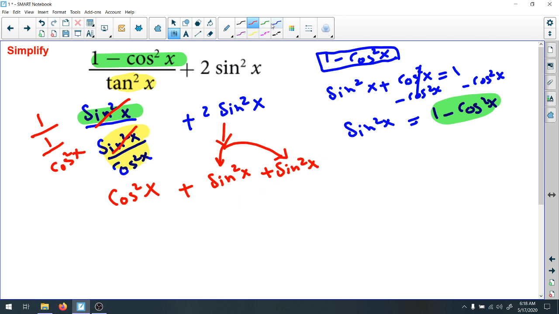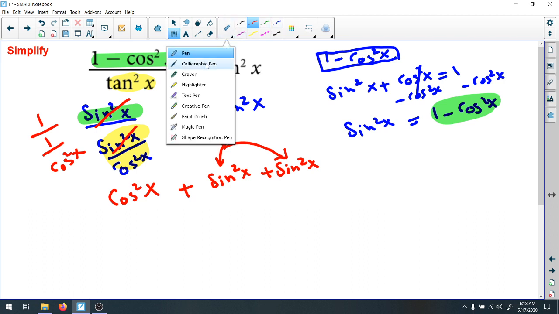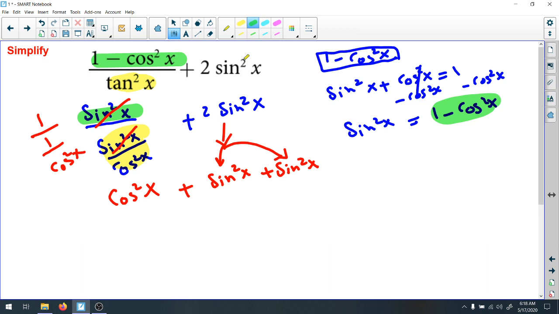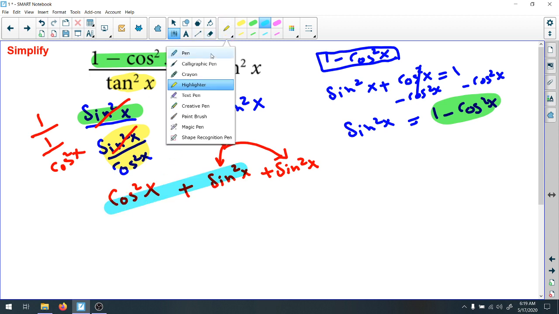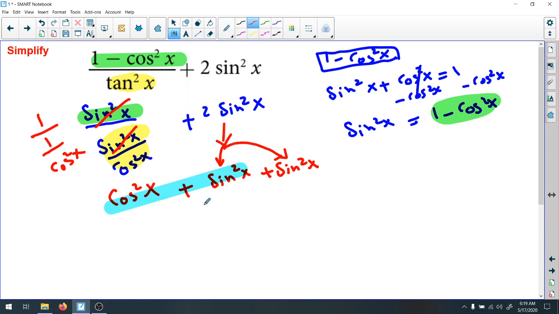You see now the identity came up. Sine square plus cosine square. Fantastic. Equals what? 1.